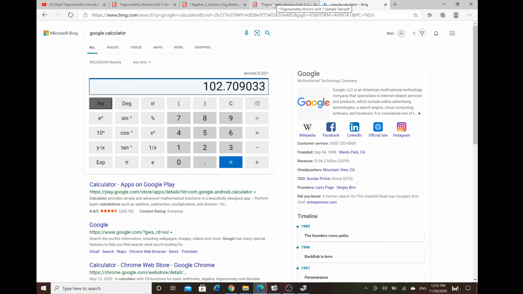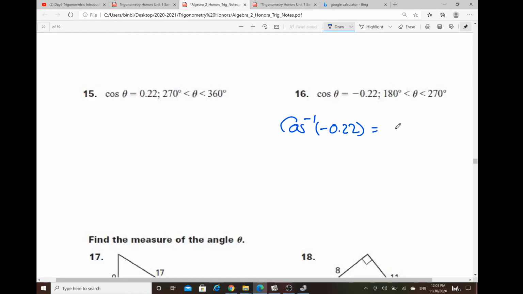So this one actually gives you the exact measure of the angle. Imagine that it's a negative ratio, so that means it's in quadrant 2 for cosine. Well, it is, it's in between 180 and 270. Well, the thing is that it's 103, which is actually greater than any angle in quadrant 2. It's in quadrant 3. So the one that we found, 103, is just like an alternate solution.